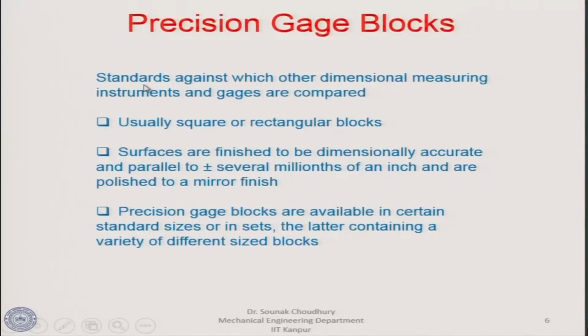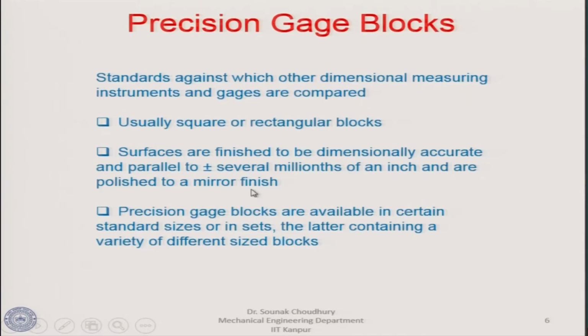Precision gauge blocks are standards against which other dimensional measuring instruments and gauges are compared. Usually square or rectangular blocks, they are very precise, and their sizes are very accurate. Surfaces are finished to be dimensionally accurate and parallel to plus or minus several millionths of an inch and are polished to a mirror finish.